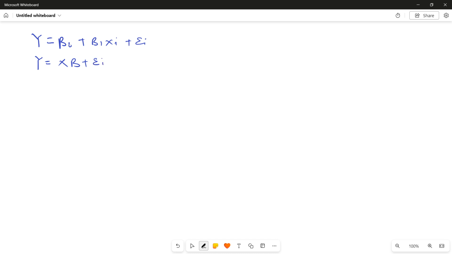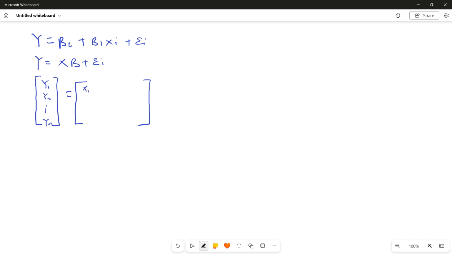What we are seeing is that with the matrix method, there is a vector containing y values, from y1, y2 up to yn, and these y values are equal to another matrix that is containing the x values.